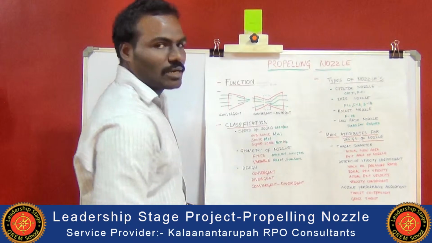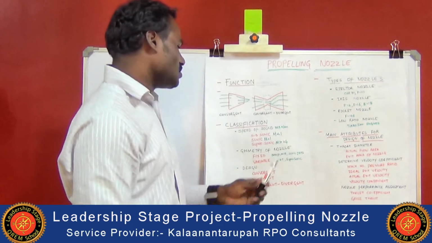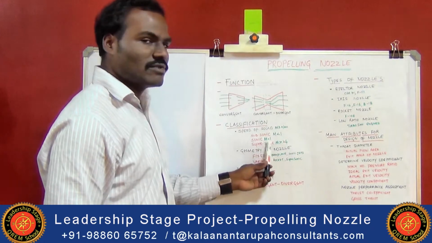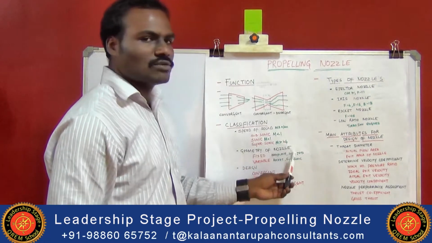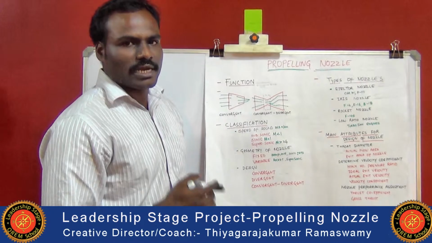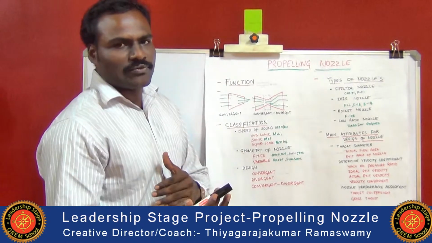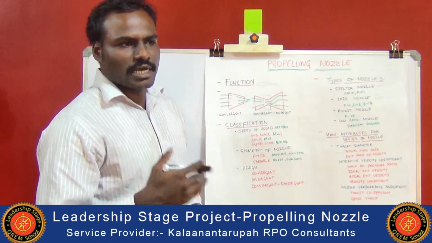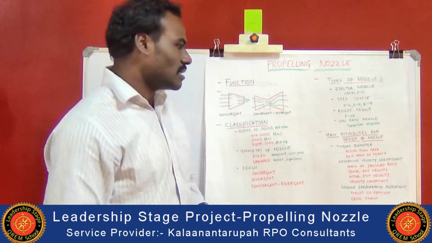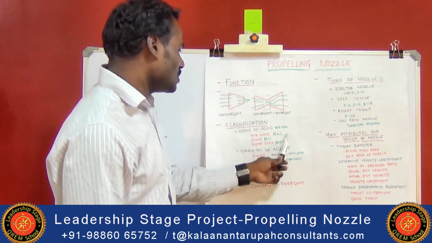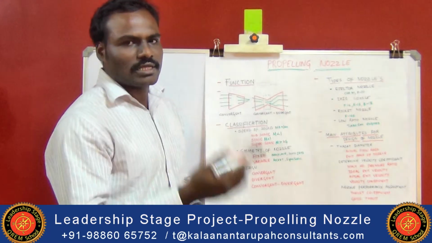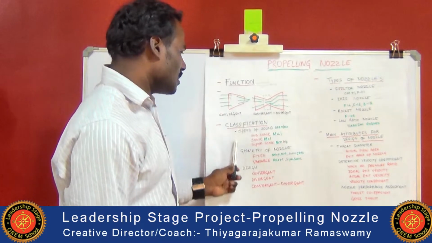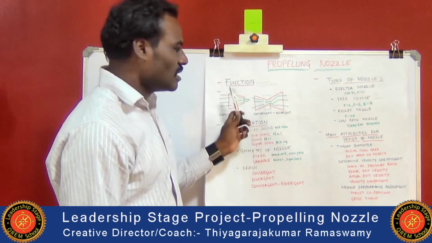Subsonic uses a Mach number less than 1, sonic uses a Mach number equal to 1, supersonic uses a Mach number greater than 1 up to 4, and hypersonic uses a Mach number greater than 4, up to 8 or so. Then with respect to speed, we calculate the design procedures to carry out when designing the nozzle.